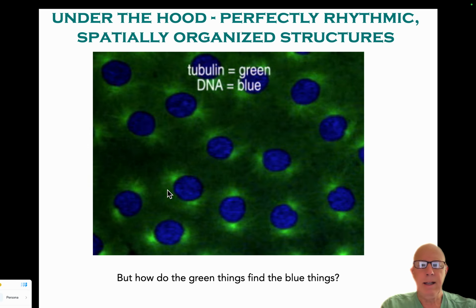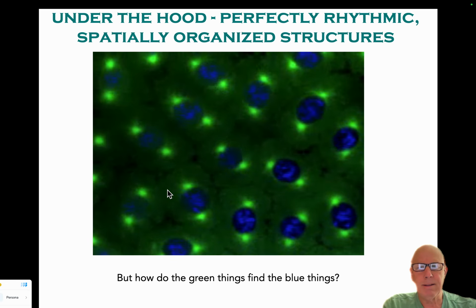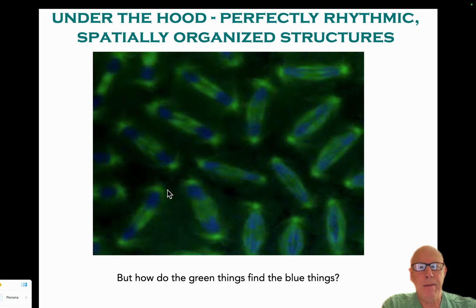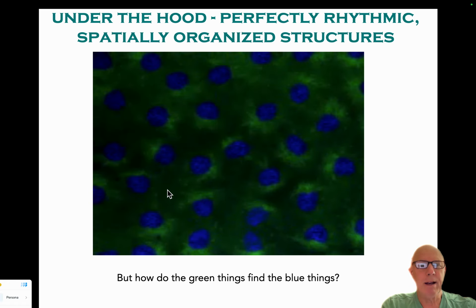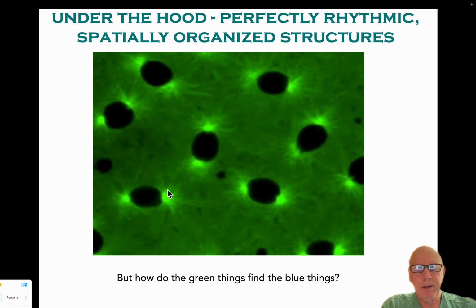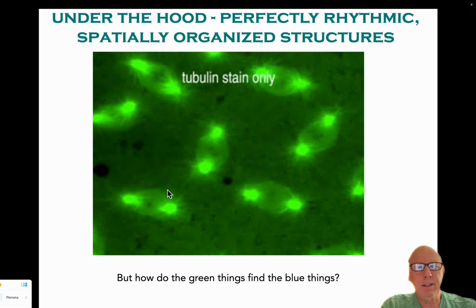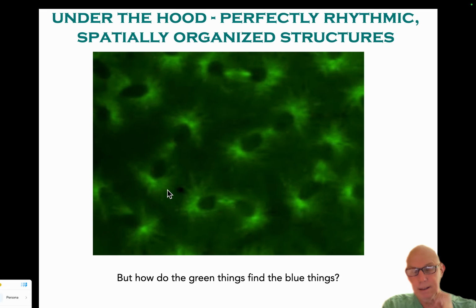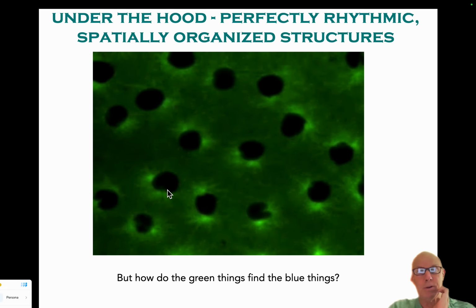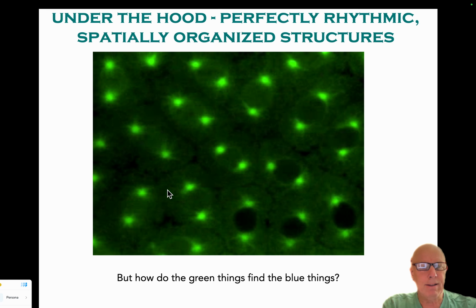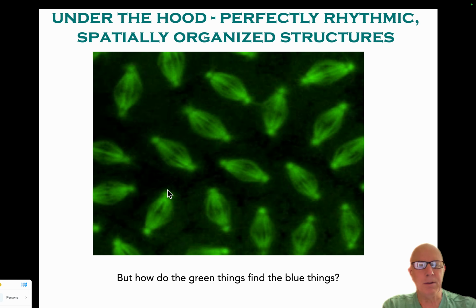The DNA essentially is labeled in blue. That's fine, and there are these absolutely mesmerizing structures that are formed that are known as the spindle, and the green stuff that you see is tubulin, which polymerizes to form these so-called microtubules, and that is what affects the pulling apart of the chromosomes.